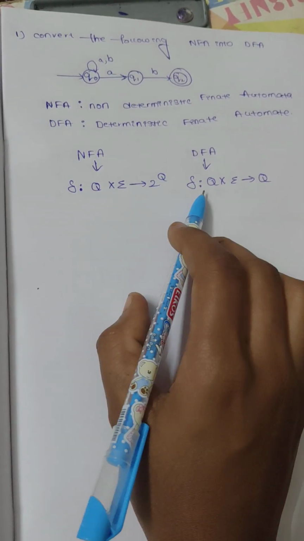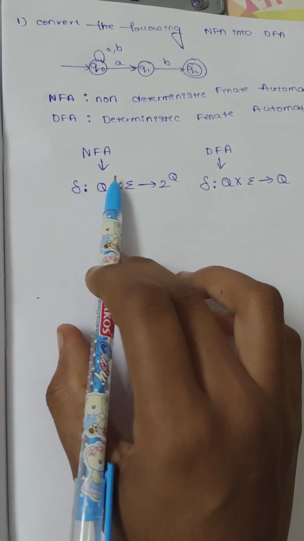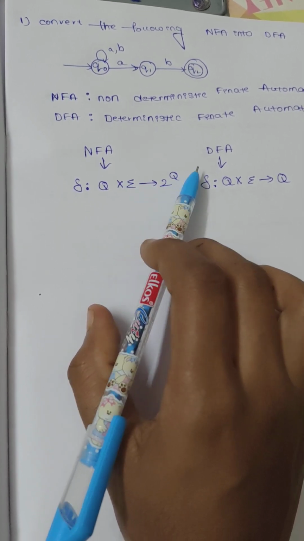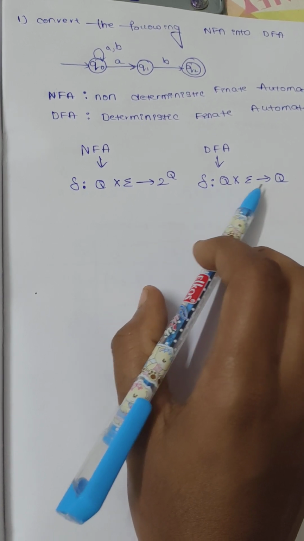In NFA and DFA, the main difference is that a non-deterministic finite automaton contains multiple paths, and a deterministic finite automaton contains only one path.